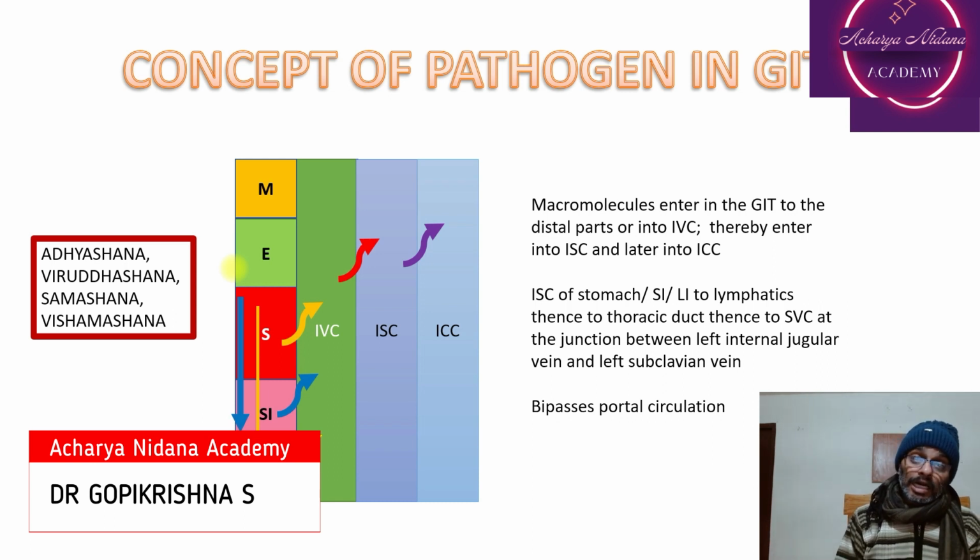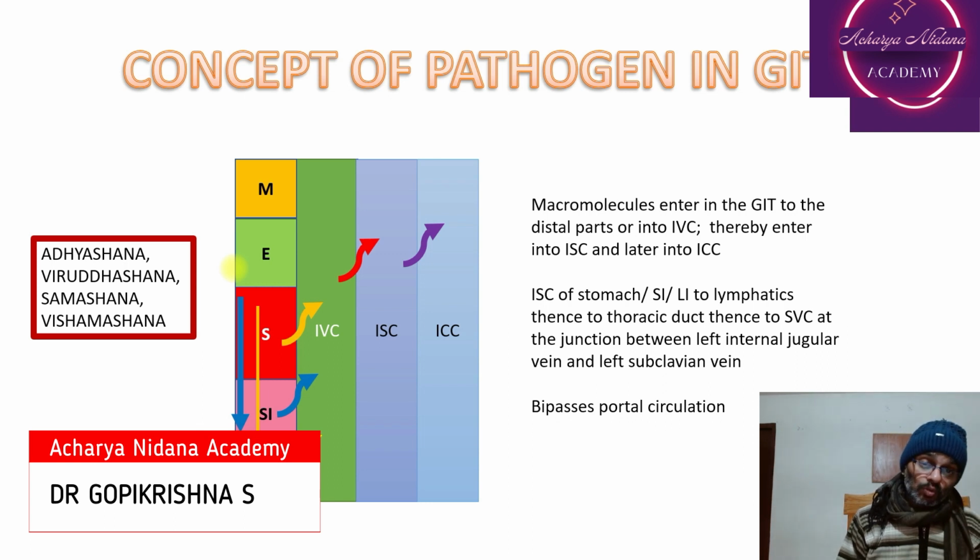In turn, that will be responsible for these macromolecules entering into the interstitial compartment of the small intestine. From there they will be entering into the lymphatics, then into the superior vena cava, then into the heart, then into the general circulation.